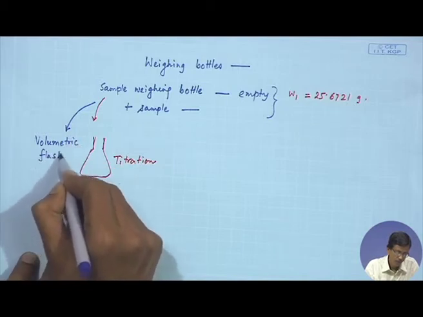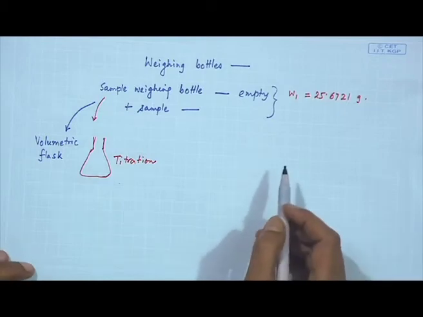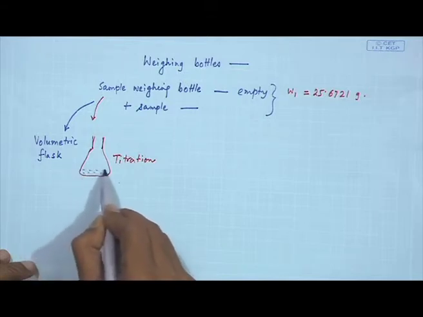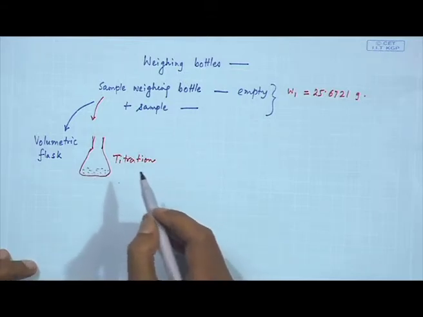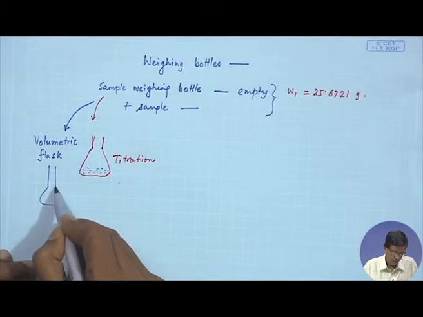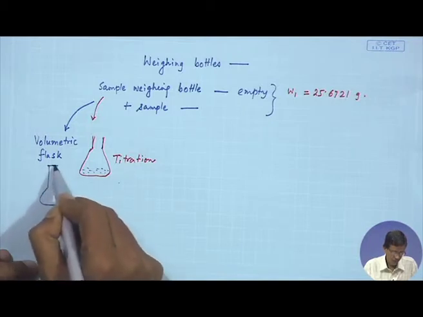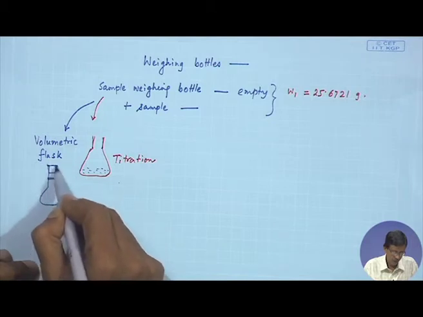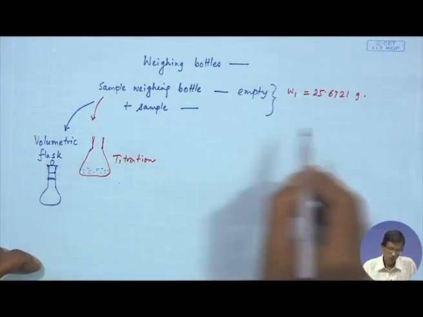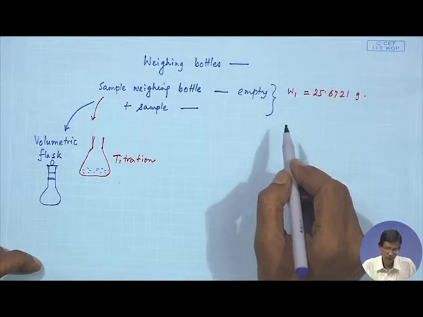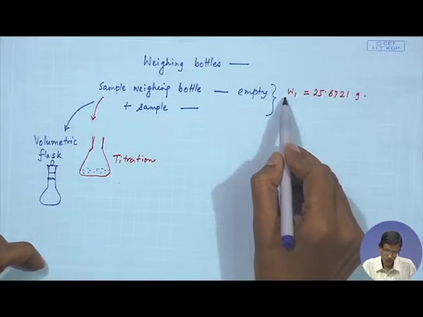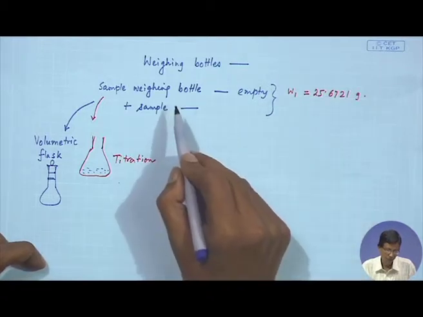So, the problem is how we can directly transfer this particular sample to this reaction flask, the Erlenmeyer flask or the conical flask or the corresponding volumetric flask. It has the marking over here, and we all know that it has the stopper also. So, without using any filter paper, any watch glass or any other board, aluminum foil or anything, we directly want to transfer sample from this sample bottle to it.